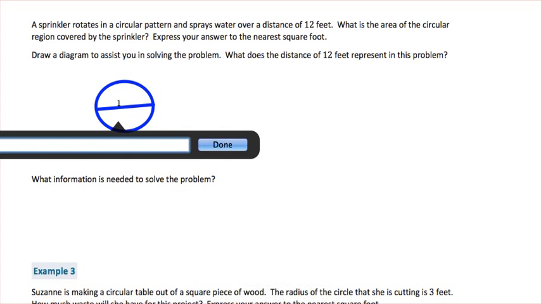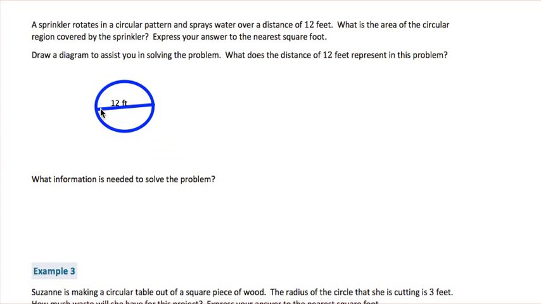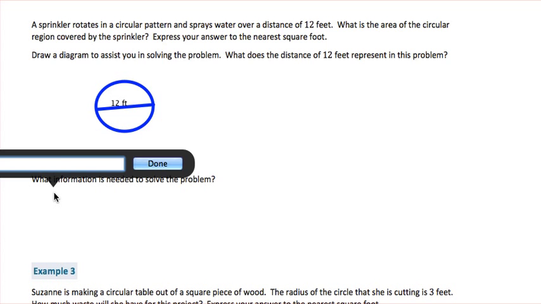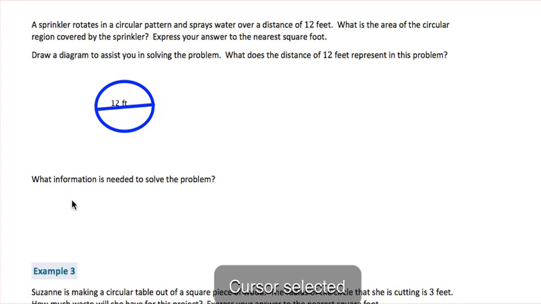If I label that, we can clearly see that that is a diameter of the circle. So in order for us to find the full space that's being covered, we need pi times radius squared. So we need to know what the radius is, which is half of the diameter.